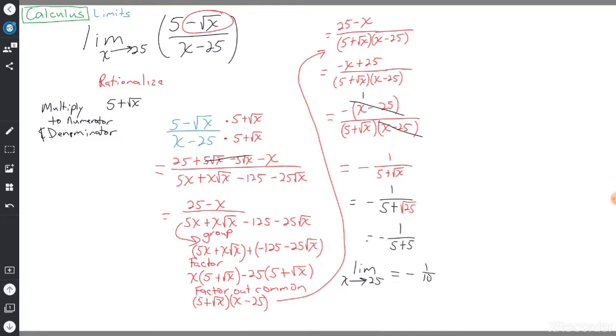And that is our result. So the limit as x approaches 25 of the expression 5 minus square root of x over x minus 25 is negative 1/10.